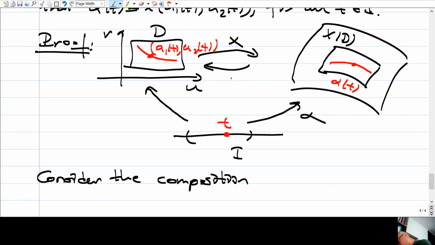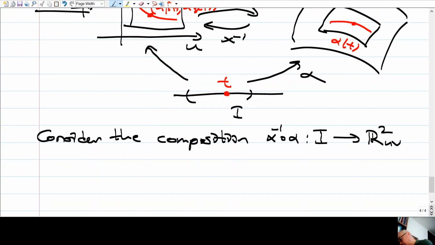So X inverse goes in this direction. So X inverse composition alpha. So this goes from interval I into where? Into R2, which is the UV plane. Actually, the image is contained in D.